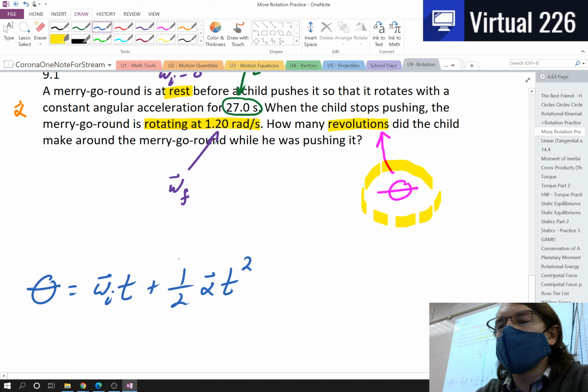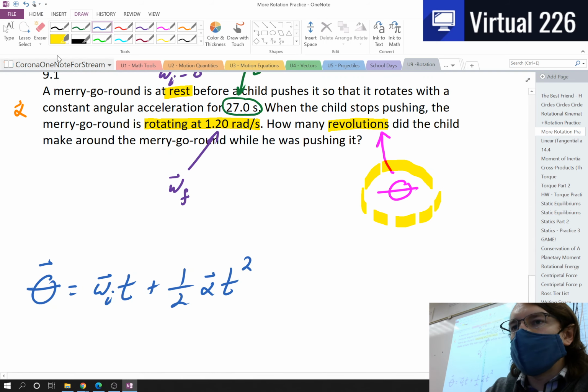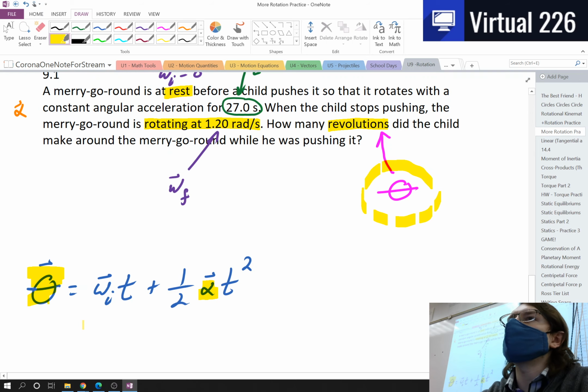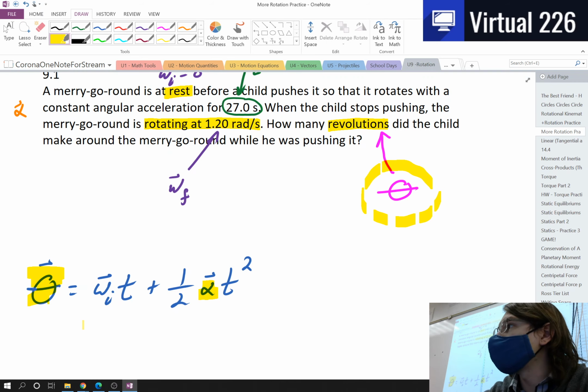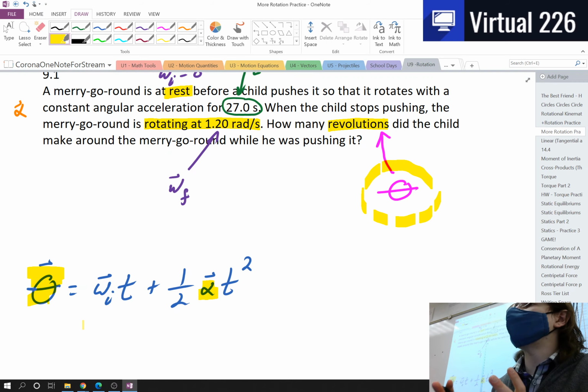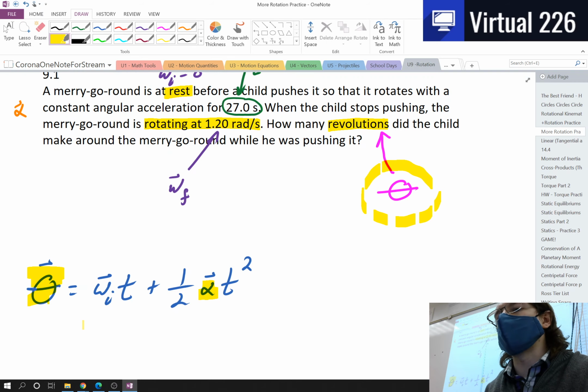But we run into a little bit of a problem here, because while we're looking for theta, I don't know what alpha is. And the only other equation that can get us a theta is omega f squared equals omega i squared plus 2 alpha theta. So that equation also gives us theta, but we still don't know what alpha is. We don't know what that constant angular acceleration is.